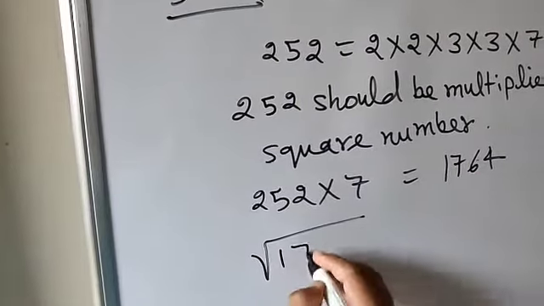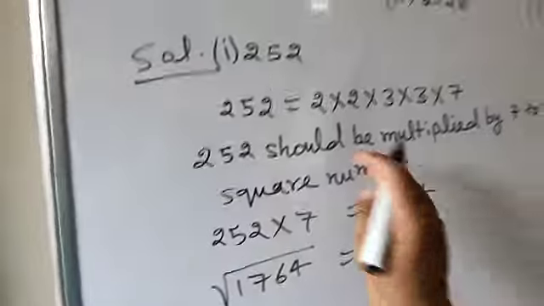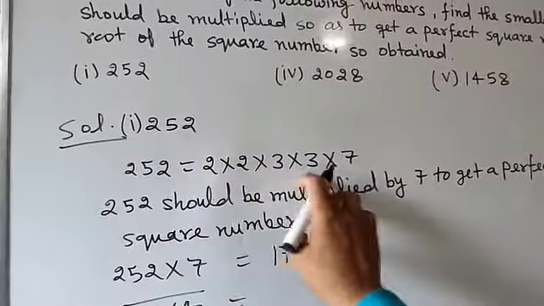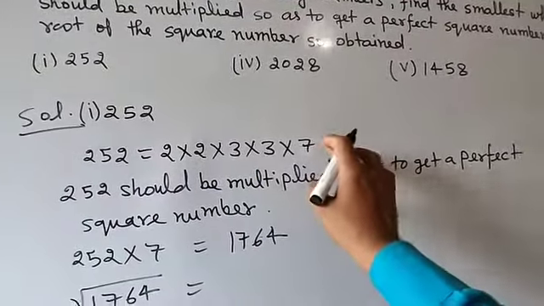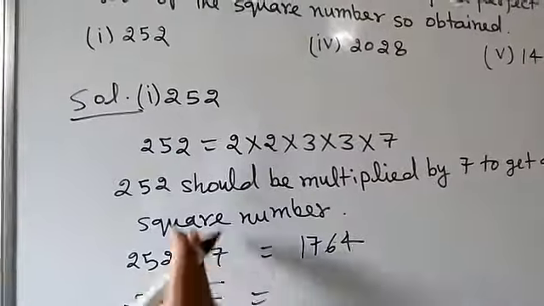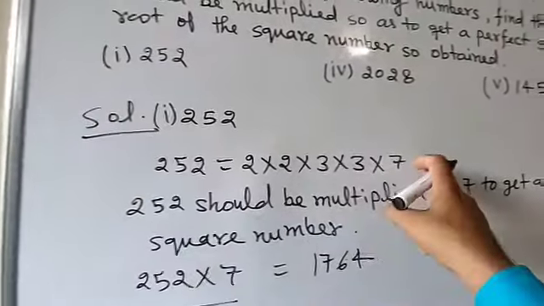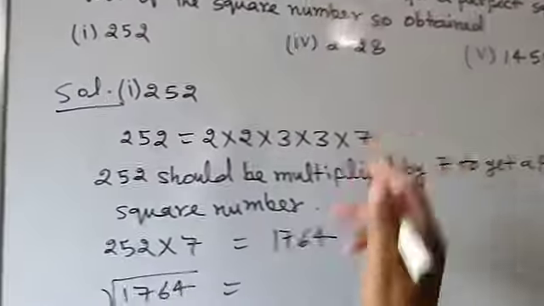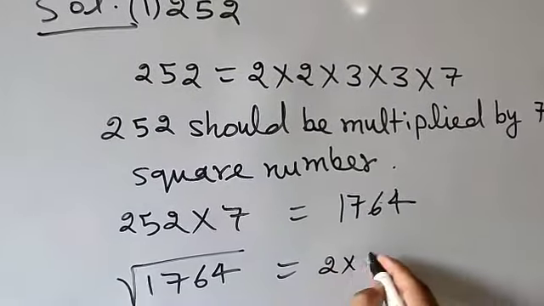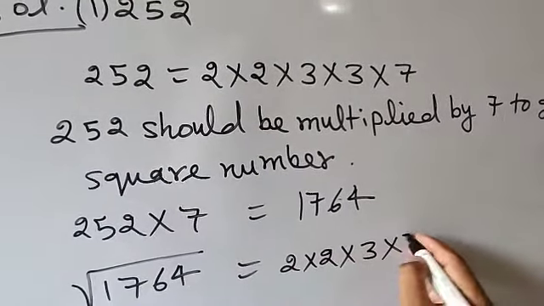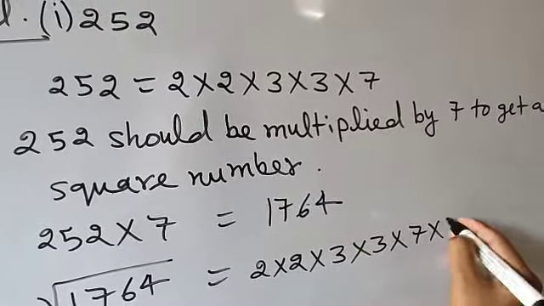So under root 1764 equals, whatever factors you found, only in those factors you need to multiply by 7. The reason is that if you multiply this number by 7, one more 7 will be there in the prime factors also. So here it will be 2 into 2 into 3 into 3 into 7 into 7.